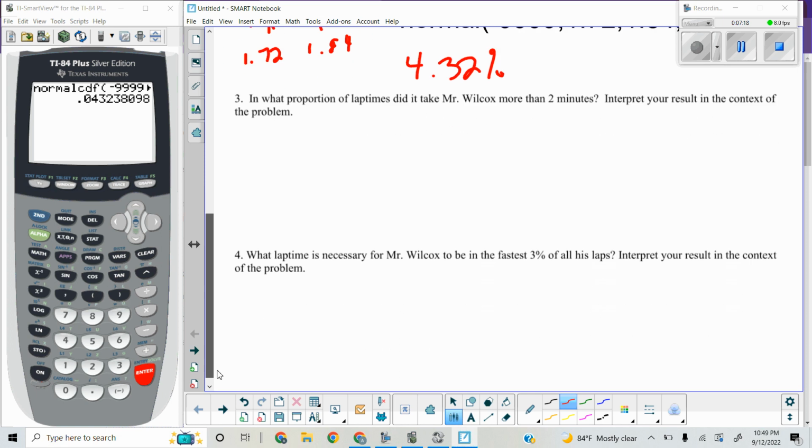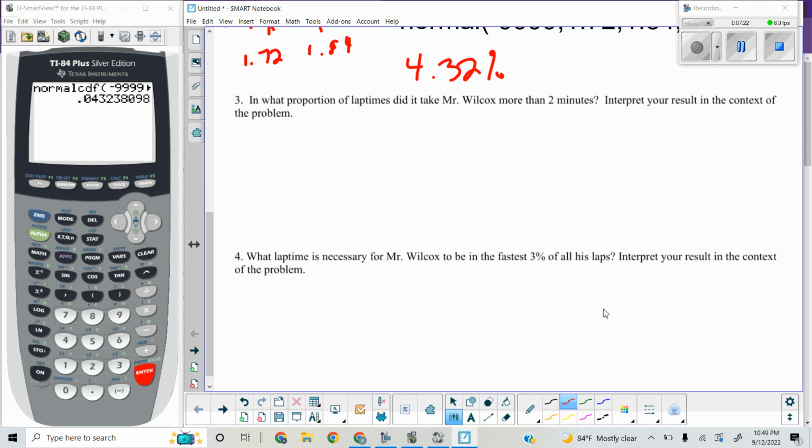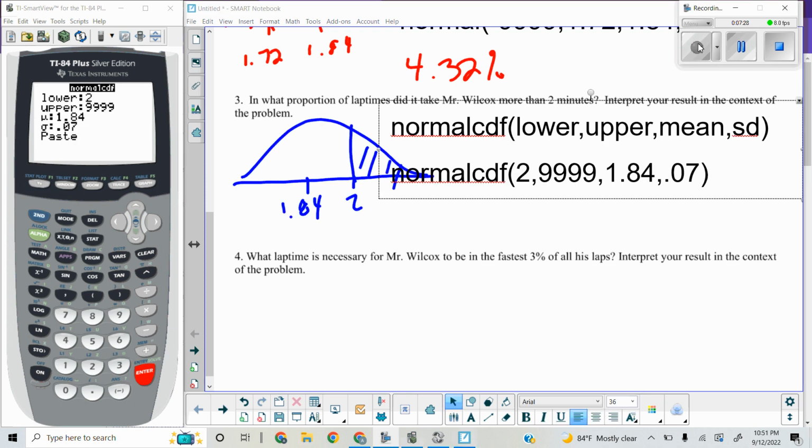All right, number 3. I'm going to pause the video, set it up, and I want you to try and do the same. All right, so for this, we were looking at everything that's more than 2 minutes. So similar idea to the last one, except it's everything above 2 minutes. So 2 is our lower bound, and for our upper bound, we need a really large number.